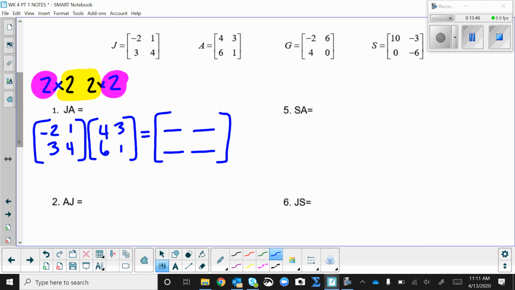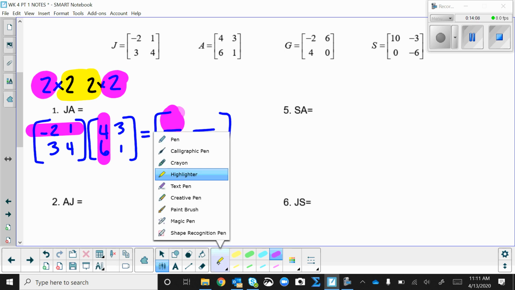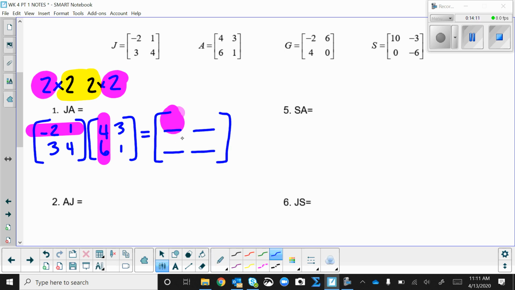All right, so here's our first dot product, which is where we do a row by column and figure out what our answer is, okay? So I'm just going to start with row 1, column 1. And where is that answer going to go? When I finally get it, it's going to go in my row 1, column 1 spot on my matrix over there. So the first entry in the row is -2.